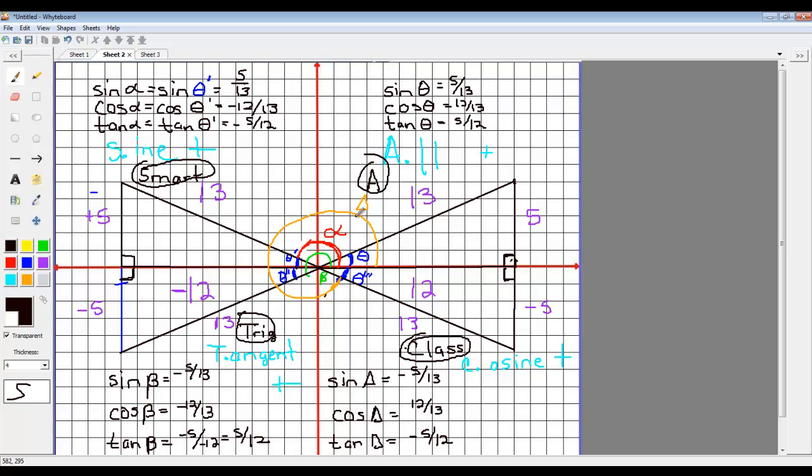Or even if it's negative, you're going this direction, you can pay attention to what's happening, and draw your reference triangle to help you figure it out. So that's basically what's happening when you're working with these trig functions.